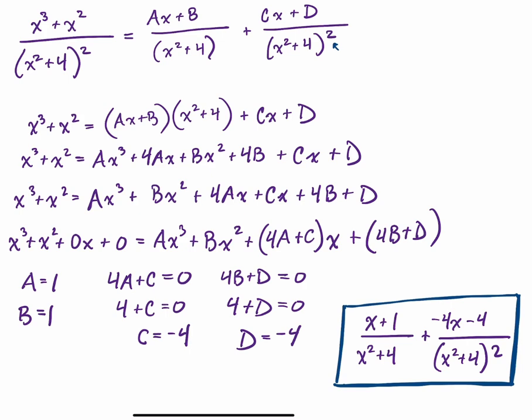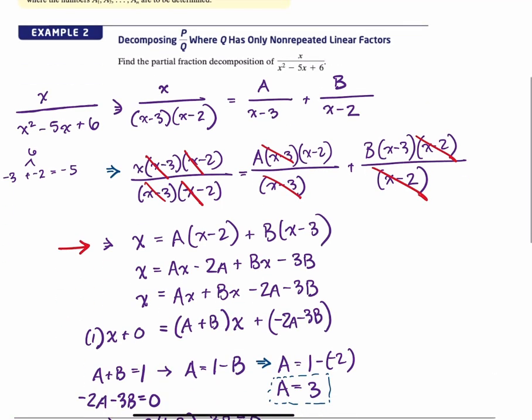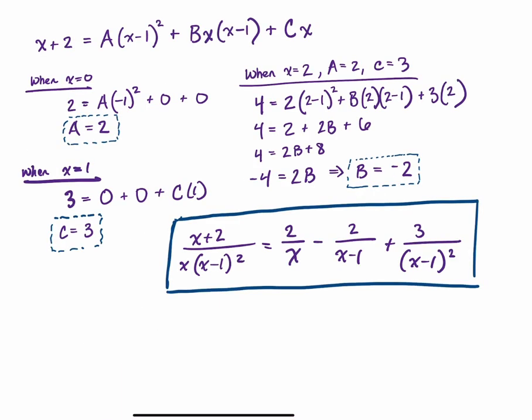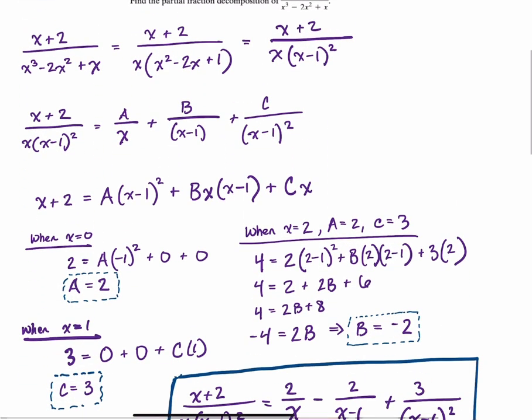So if we just revisit these: for non-repeated linear factors, if it's a linear factor, we just get some unknown over that linear factor. In our second case, one was repeated, so we had a linear factor squared, and we get two terms, the linear factor to the first power and then to the second power.